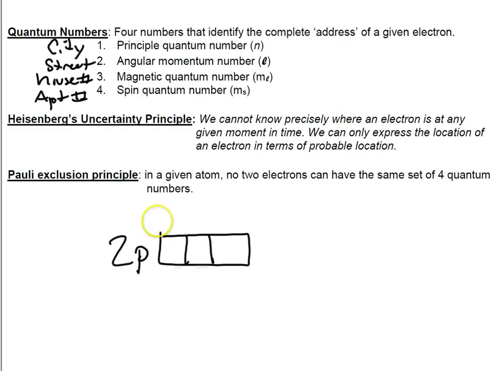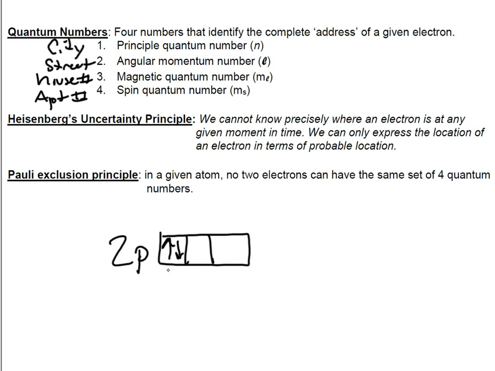If you have an electron in, say, this first box, that is the only electron that would be in this box, in this orbital, in this orientation, pointing up. If you were to put a second electron in, it would point down. It wouldn't be exactly the same. No two electrons can have the exact same location. Okay, that's the Pauli exclusion principle.